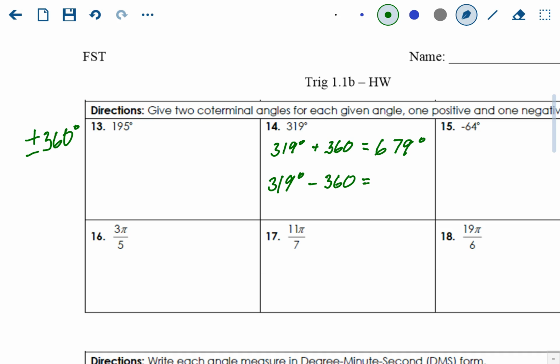So 319 minus 360 is negative 41. It's as easy as that. Plus 360, minus 360, you're done.